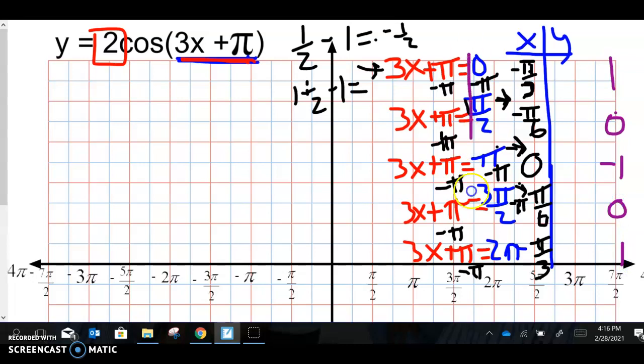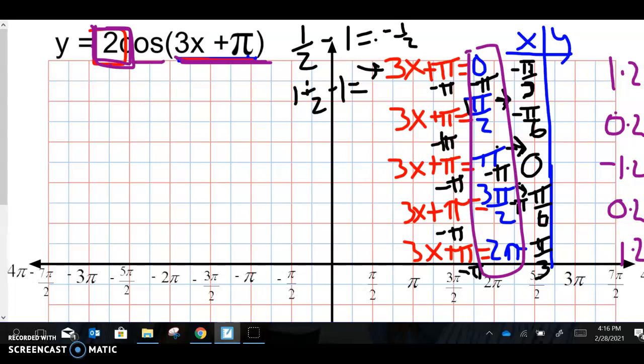Okay, when these were the x's. So what I'm doing to the cosine, after I take the cosine of this, is multiplying it by 2. That's what gives me my y coordinate. So I'm going to take each of these and multiply by 2.